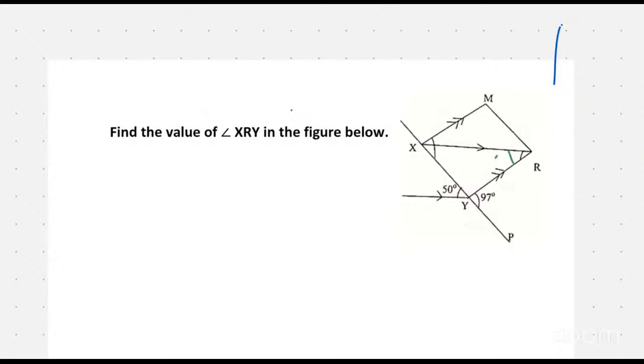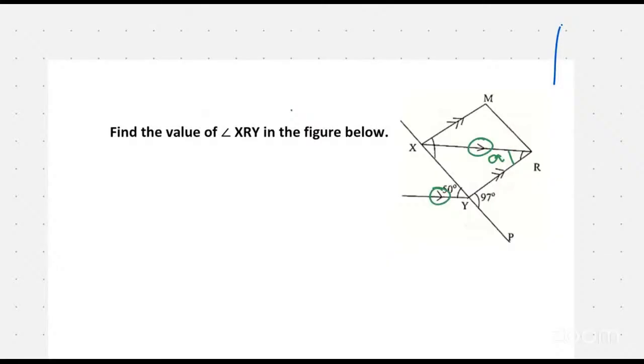Call this A. I'm using letters to represent the angles so that it's easy for us to describe. So how do we find angle XRY? Pay attention to what we have here. We've been told that these lines are parallel to each other.